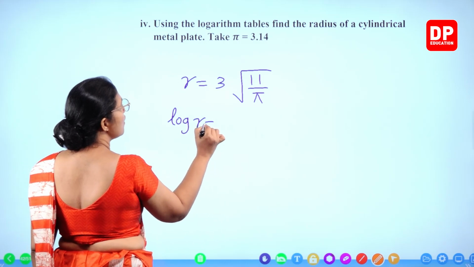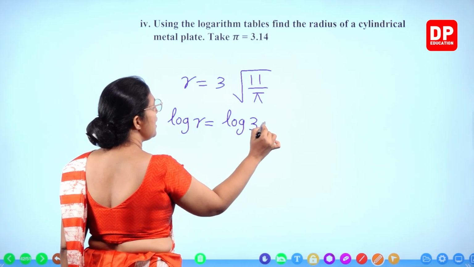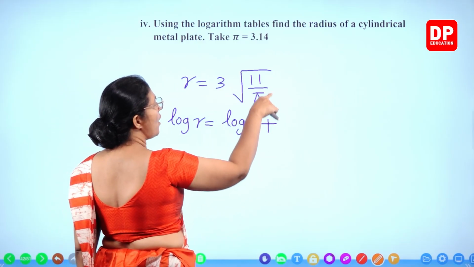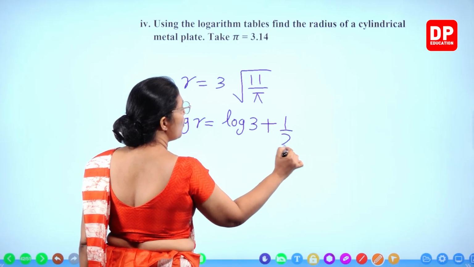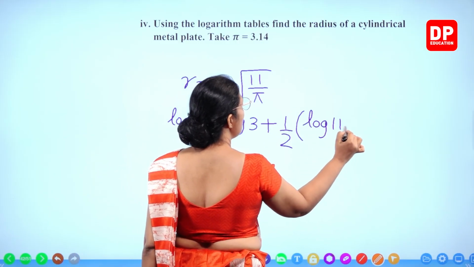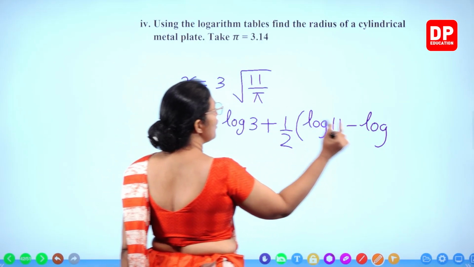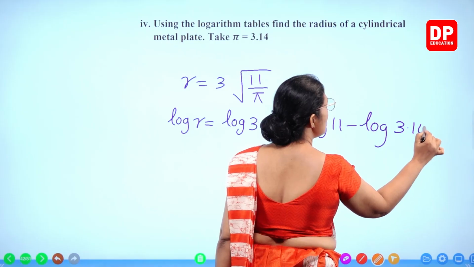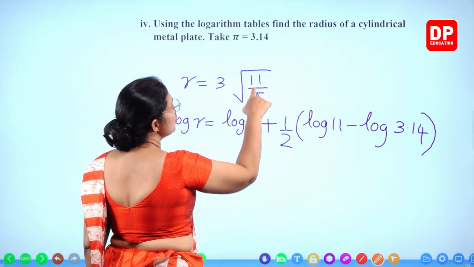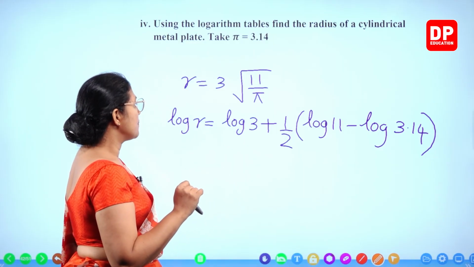Log of r equals, this is multiplication, you can add it, log of 3 plus half, because square root means half, so you can take it down, half log 11 minus log pi value 3.14, because it's division. Division of numbers becomes subtraction of logarithms.